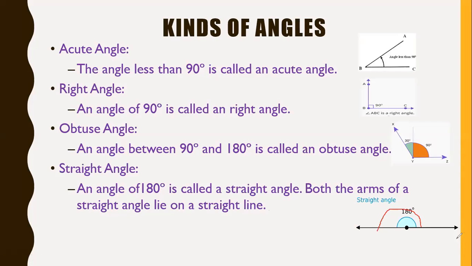Here you can see that it shows a single straight line, but it is not a single straight line. Here you can see that two rays lie on a straight line. It forms the straight angle. A straight angle is equal to 180 degree.